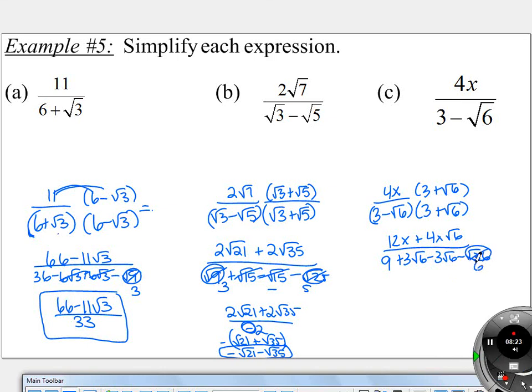This is really worth 6, and these cancel out. So 9 minus 6 is 3, and I have 12x plus 4x rad 6. I can't combine the terms in the numerator because even though they both have x, they don't both have the rad 6. So that is as simple as this expression can get.